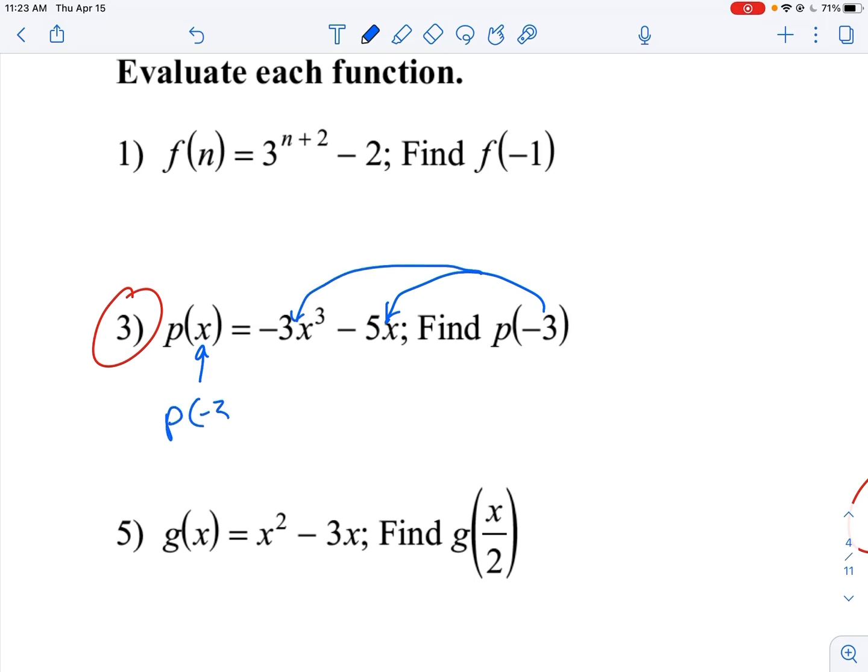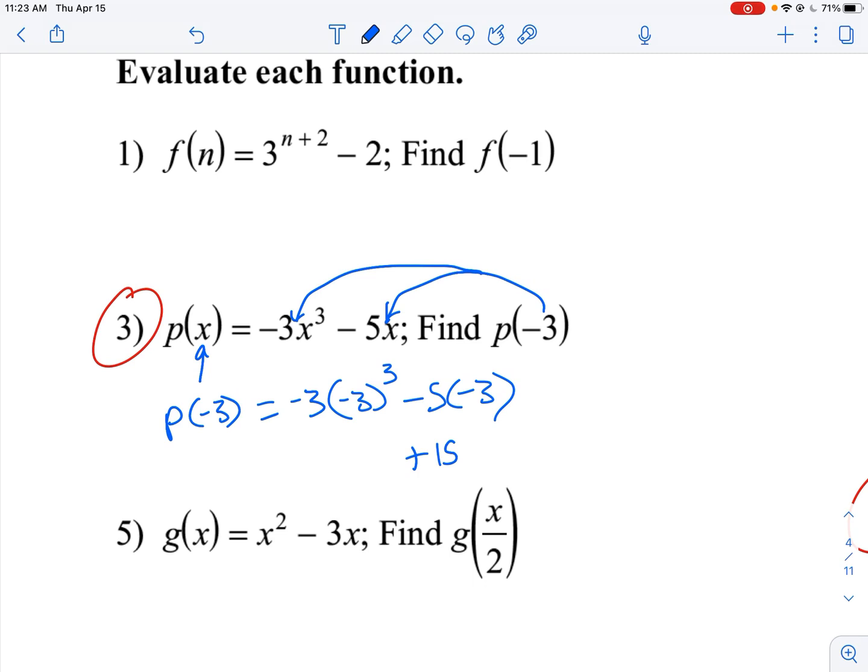If you need to get p of -3, you put -3 in the x locations and simplify. So p of -3 is -3 times (-3) cubed minus 5 times -3. You have to do some simplifying here. This part comes out to be plus 15.